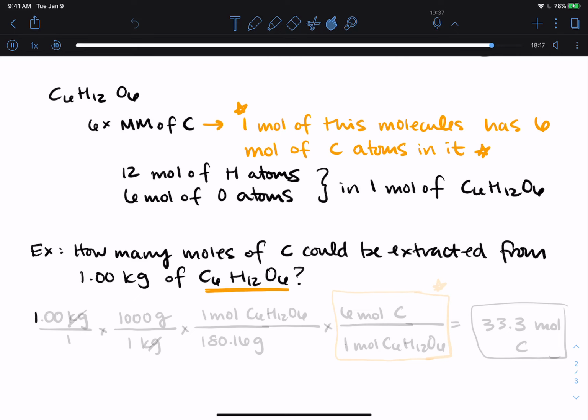What I'm starting with is 1.00 kilograms. So I do know the molar mass of the C6H12O6 because we calculated it in an earlier example, but that relationship is in grams, not kilograms. So I should first get this. I know that 1 kilogram is 1,000 grams. So when those cancel, I'll be in grams. And then I know that for this molecule, there are 180.16 grams in 1 mole.